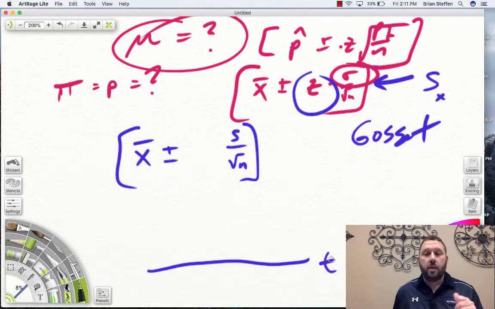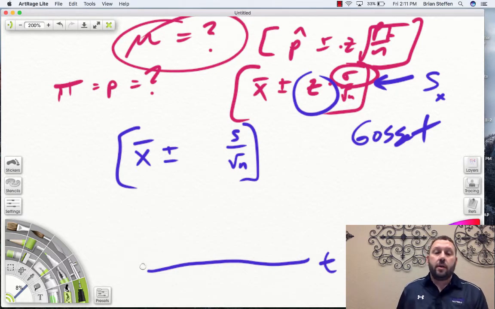Now, he published it under the pseudonym Student, and the reason why is he actually worked for a beer company, and he figured no one would really value his insight because they'd think he wasn't a legit mathematician, even though he was.